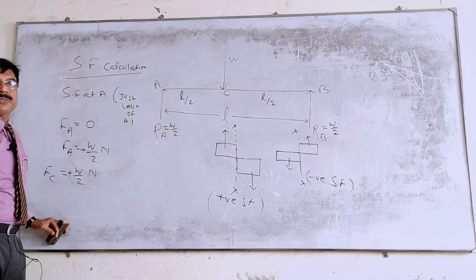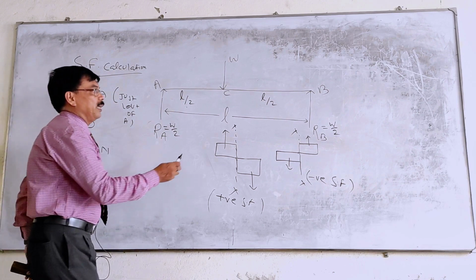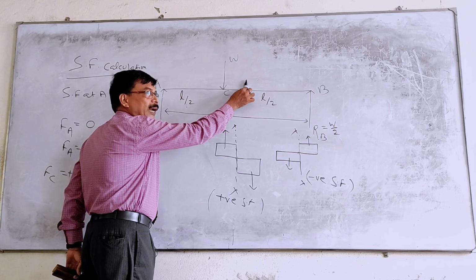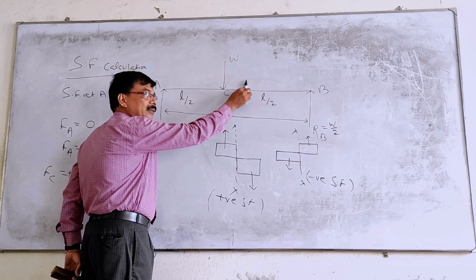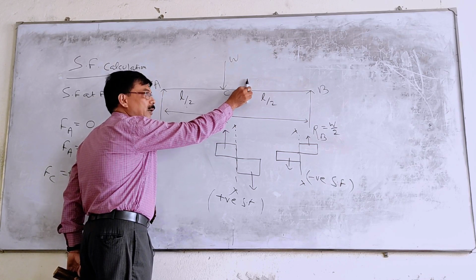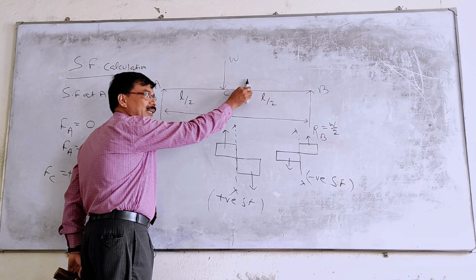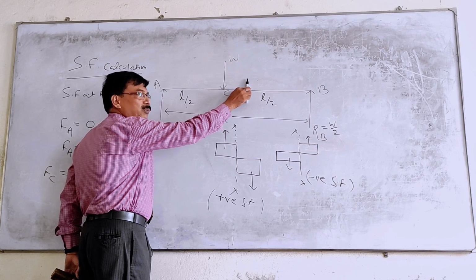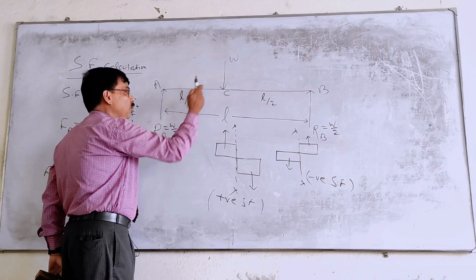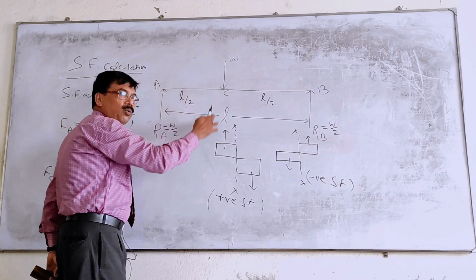Then right of C. Now the section is here, right of C, and we are considering from the left. How many forces are there from the left? There are two forces: one is W by 2, another is W. W by 2 is upward, W is downward.